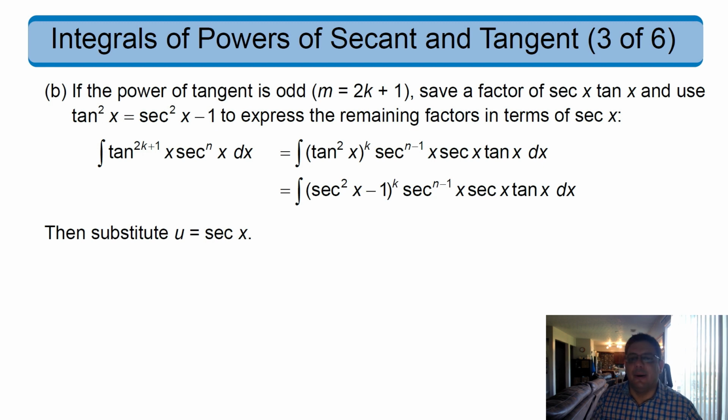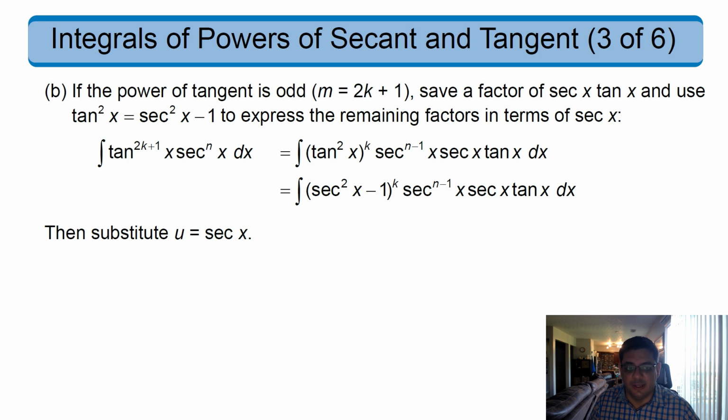Now, if the power of the tangent is odd, if we have m equals 2k plus 1, then at that point we're going to save a factor of secant times tangent. And then we're going to use the identity tangent squared being secant squared minus 1. Why? Because in this case, the substitution is going to be different. We're going to be using the substitution u equals secant. Notice that here we have tangent to the 2k plus 1, and we have secant to the n of x, and so we can see this as tangent squared to the power k, and we subtract one of this tangent, and we'll leave it here.